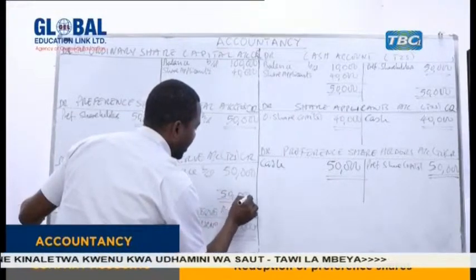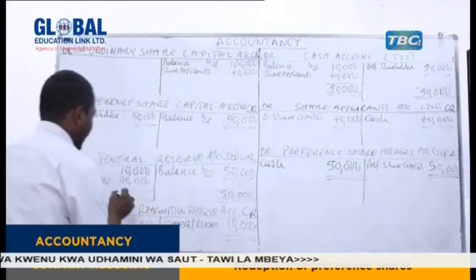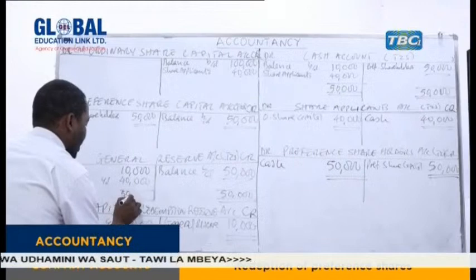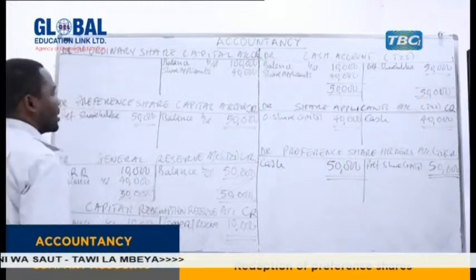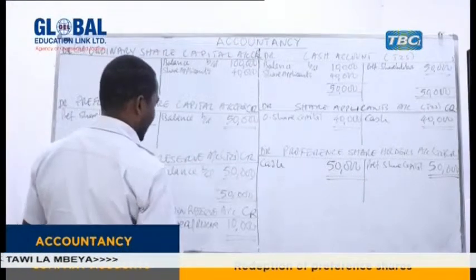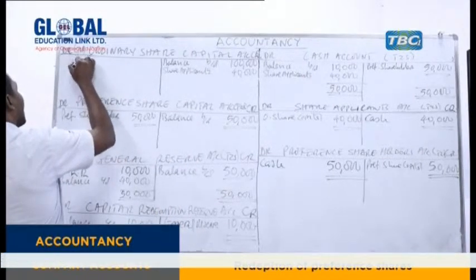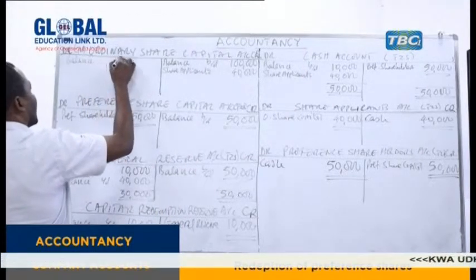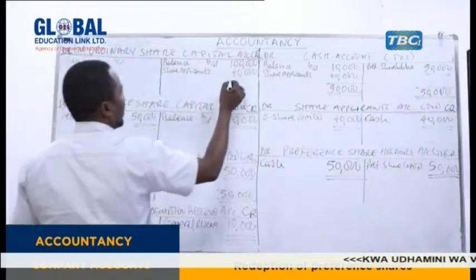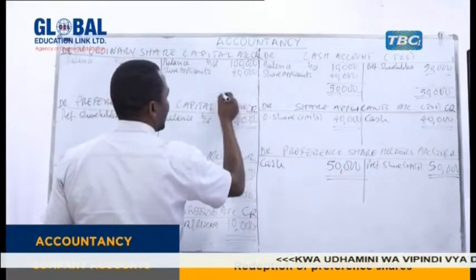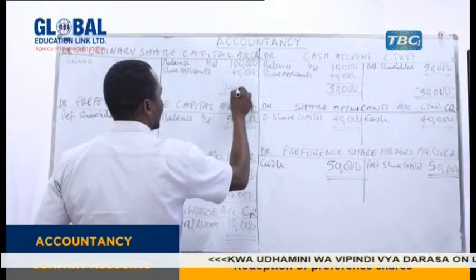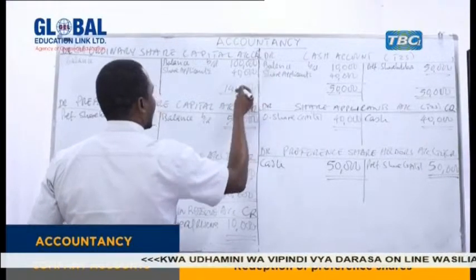That is 50,000. So this is balanced here. Yes, we balance the ordinary share capital by balance CD. Okay, here if you add up, you get 140.